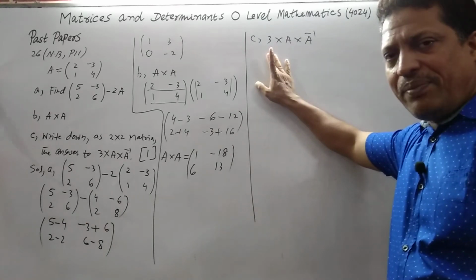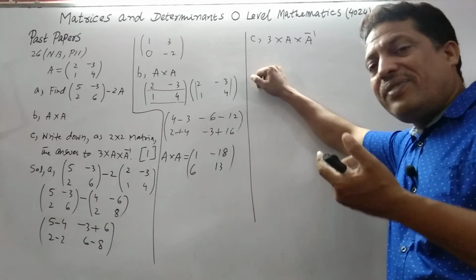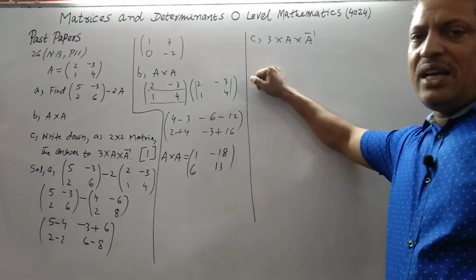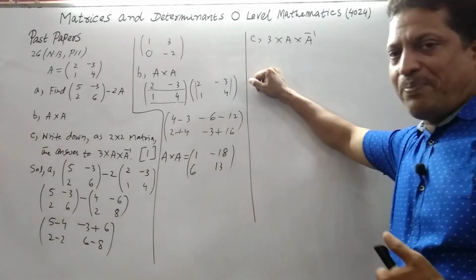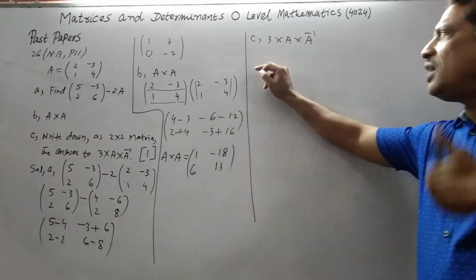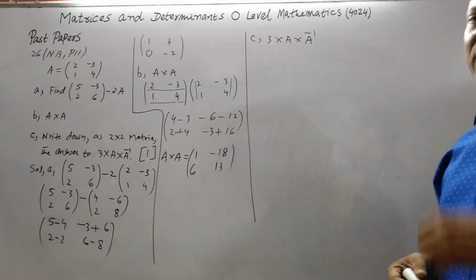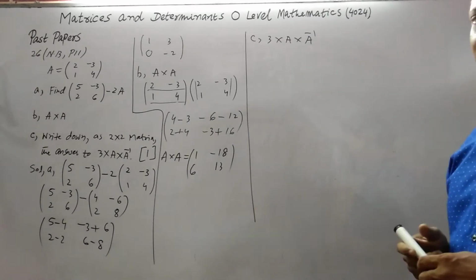That is a wastage of time, and we will have less time for the remaining questions in the exam paper. So we must know the correct concept. Now we apply the shortest way.